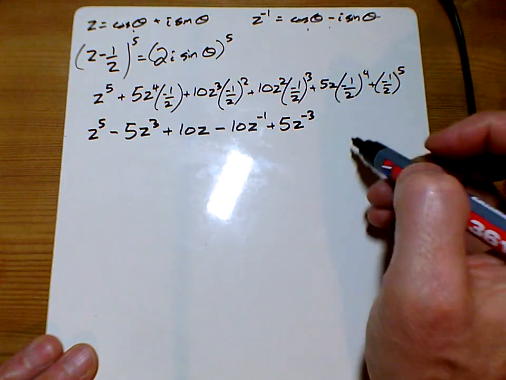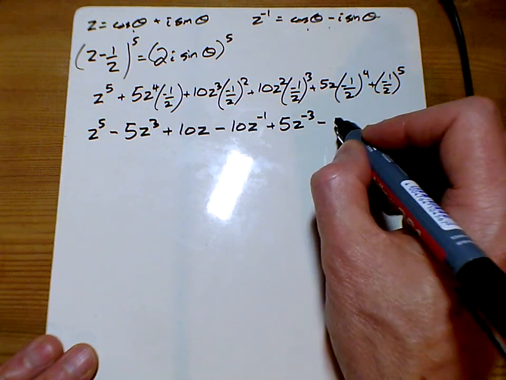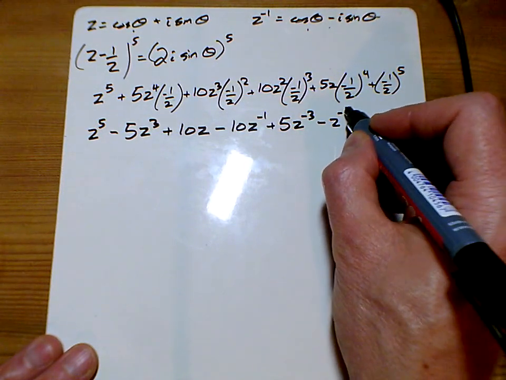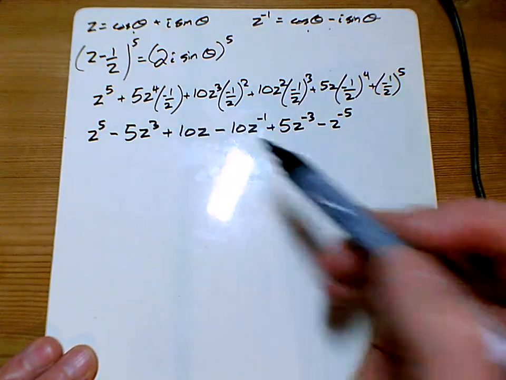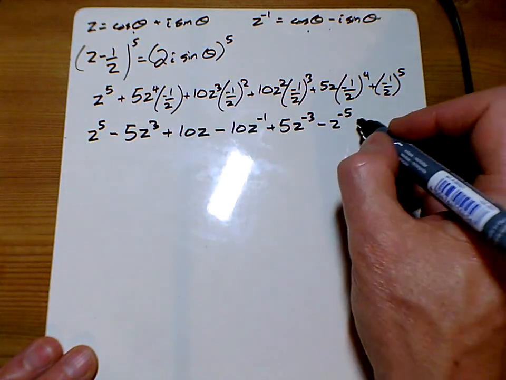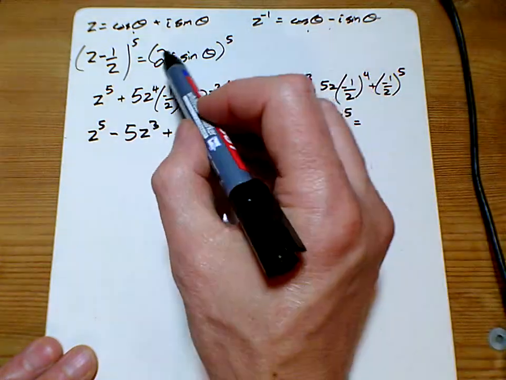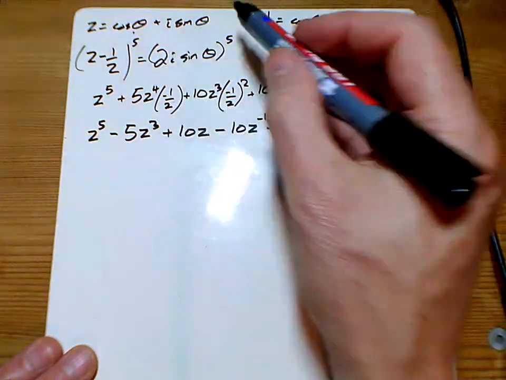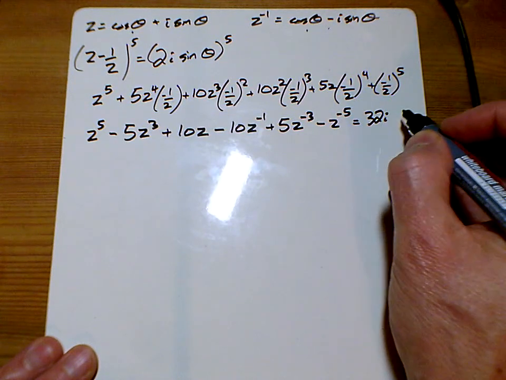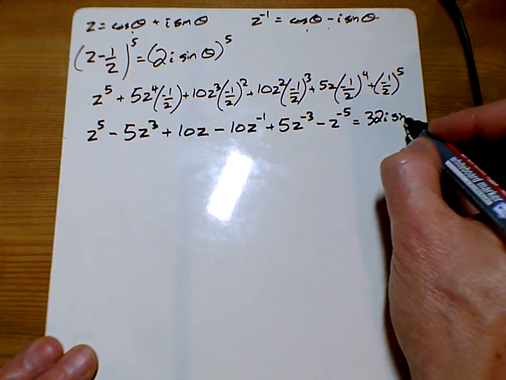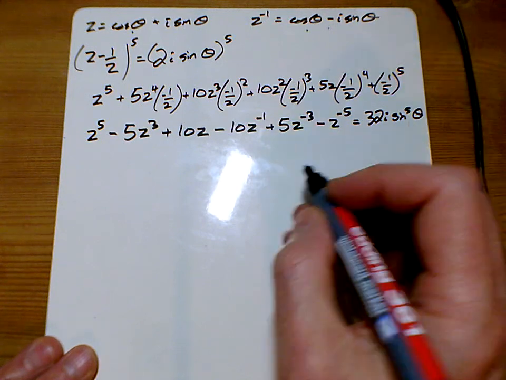There's a 4 on the bottom of that. And this one's minus again now, isn't it? z to the power of minus 5. And you can see the pattern, and you can try and see the powers, how they change. You should be getting into that reasonably quickly as you do that. And that's going to equal this thing to the power of 5. So 2 to the power of 5 is 32, 32 i sine to the power of 5 theta.